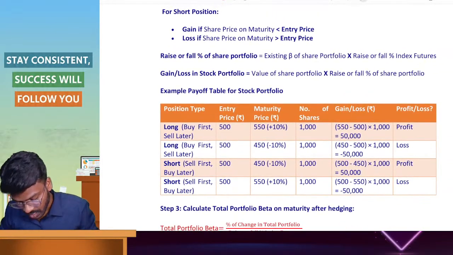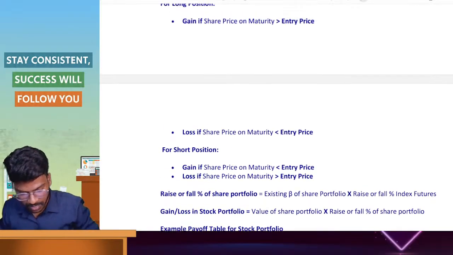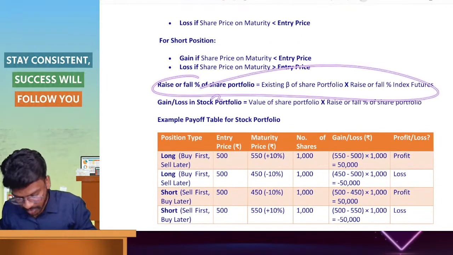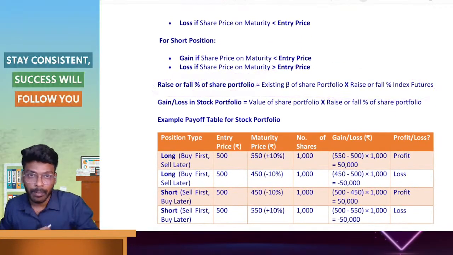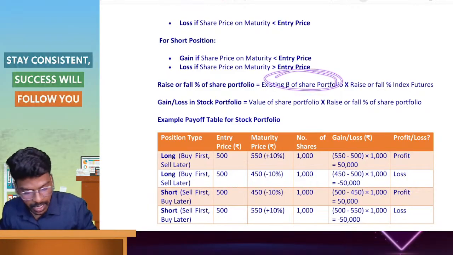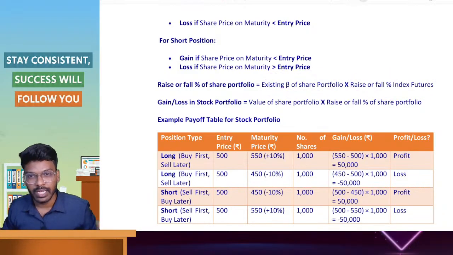Next, rise or fall percentage of share portfolio. The same formula is rewritten in this way. If share portfolio is to be computed, you have to multiply with the existing beta multiplied with the rise or fall percentage of future. It's very simple.